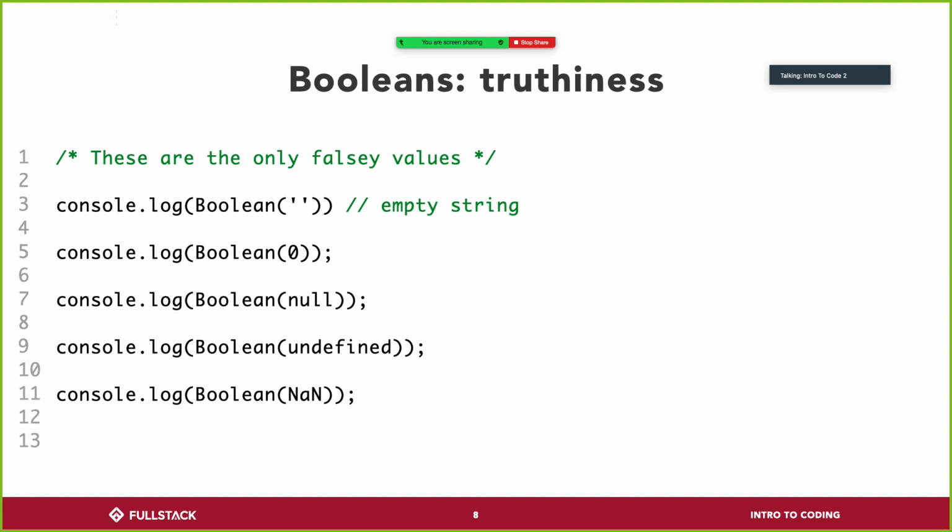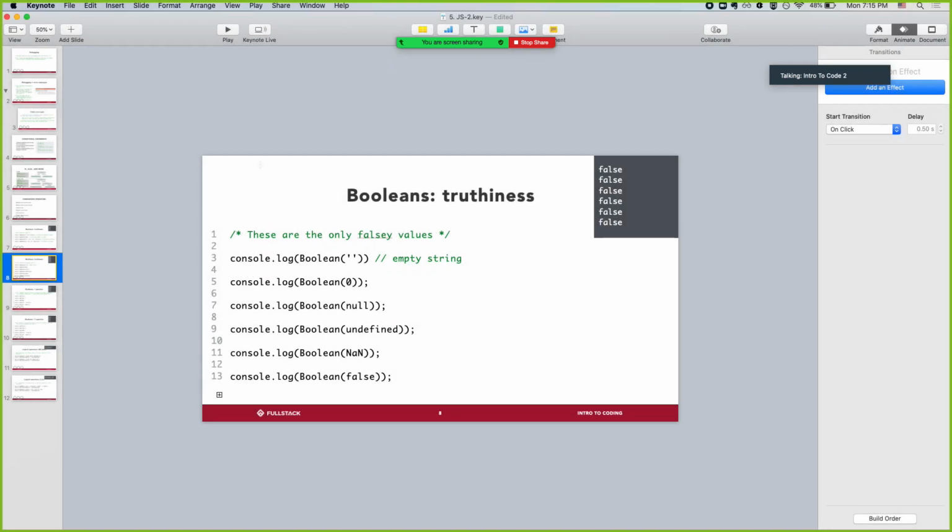And not a number is also a falsy value, but I always forget about not a number, and I don't come across it too often. I'm not even sure when you are able to get not a number as a value. It's not a very common thing that happens.